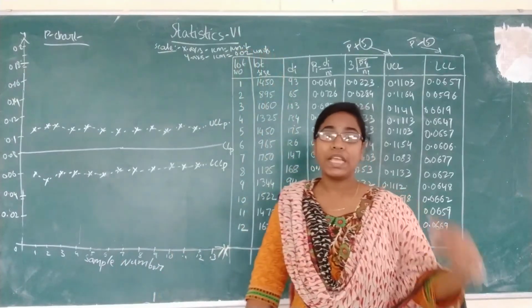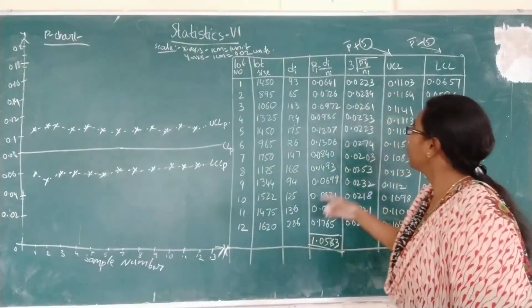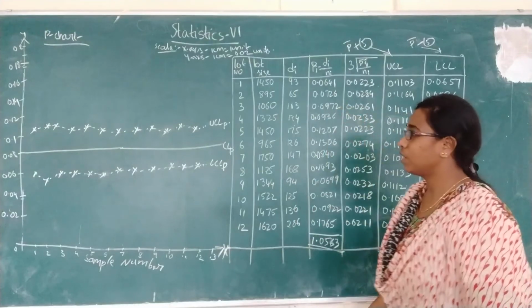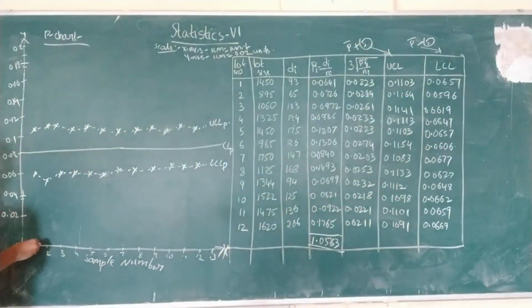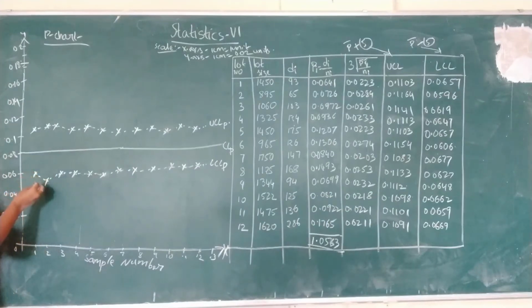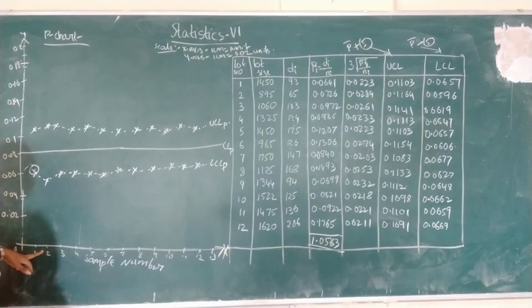Now plot all the pi values. All these 12 values you have to plot. First value is 0.06. So you will be getting it here. Make a circle around it so that you can recognize it easily. Second one is 0.07.